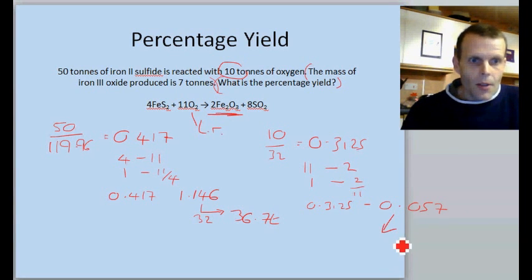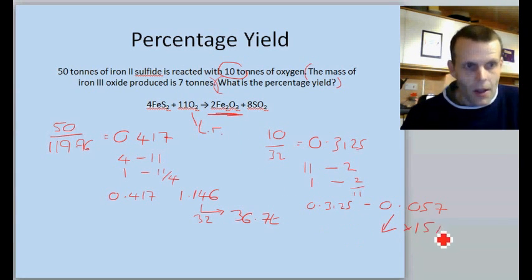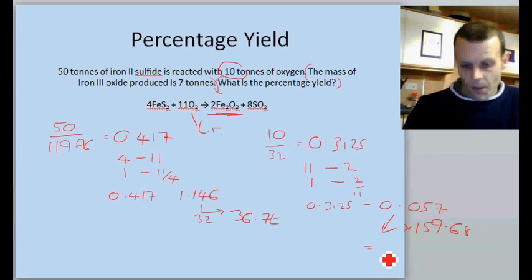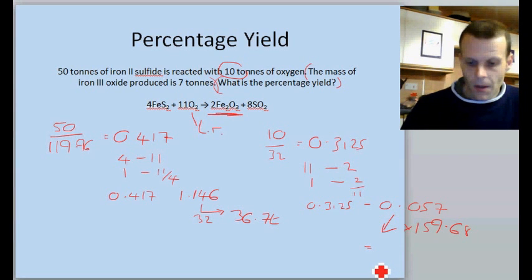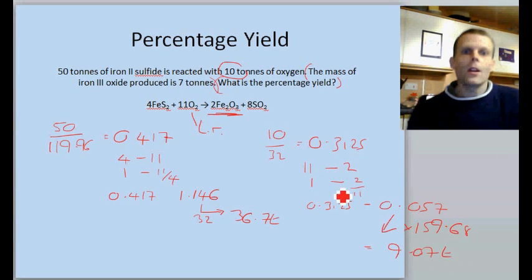So I need to then convert that to a mass. Again, that was kind of my first step, second step, third step, and the mass of 1 mole of Fe2O3 is 159.68, so I should be making 9.07 tons.